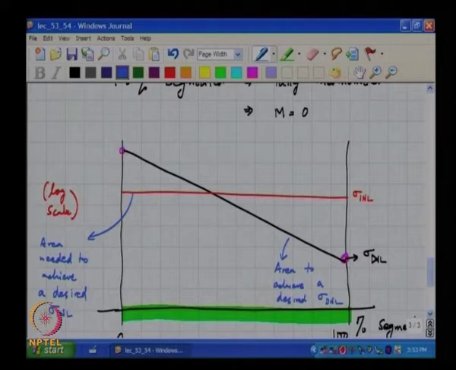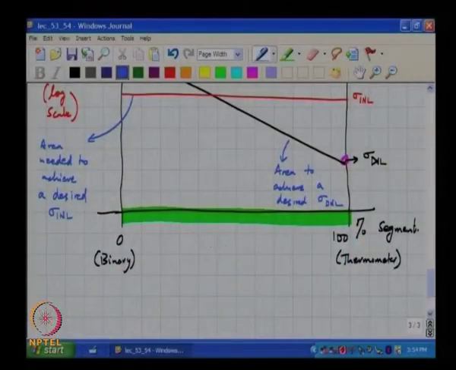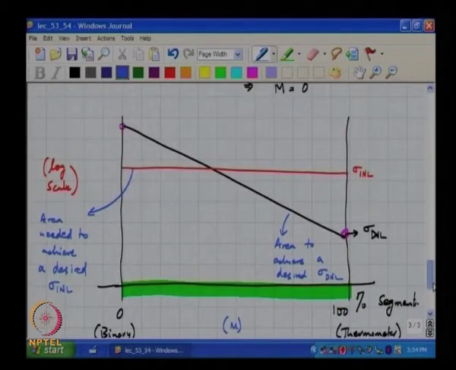What can you say about the digital area required? The digital area is exponentially dependent on the number of thermometer bits, which means that this is also exponentially proportional to m. How will that look? It will be a straight line going up.